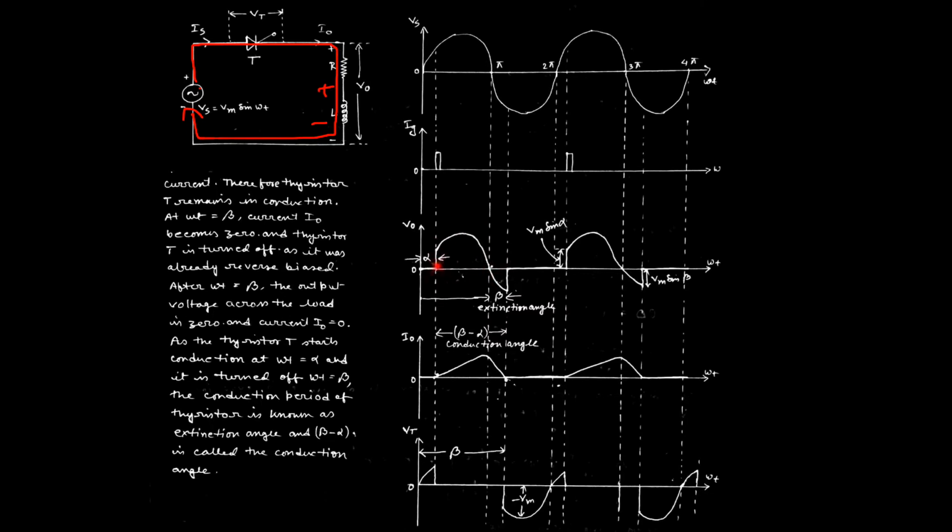From alpha to 180 degrees the thyristor is under forward biasing condition, and this is for the first positive half cycle. That is why the total voltage is reflected on the load. So this is the wave shape of the load voltage, which is taken from the supply voltage.